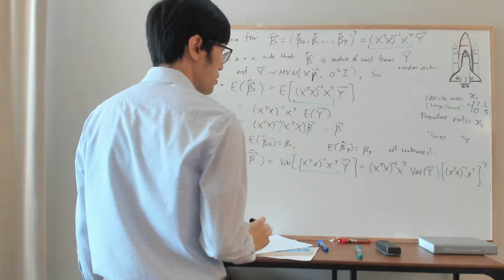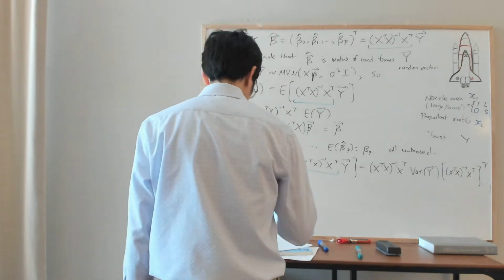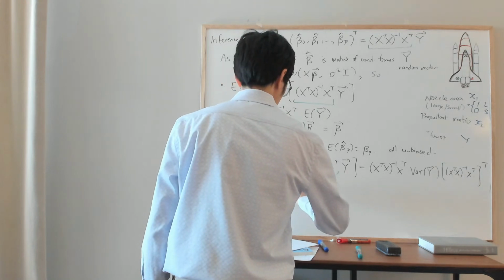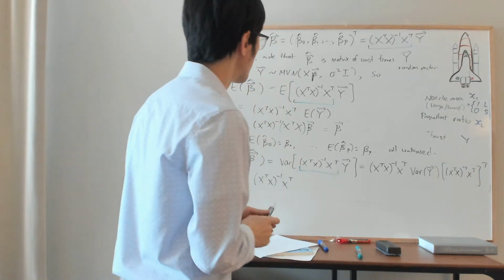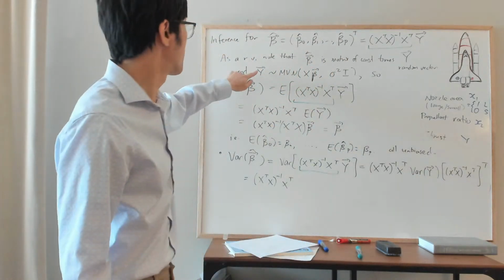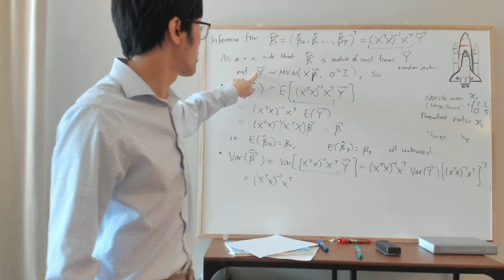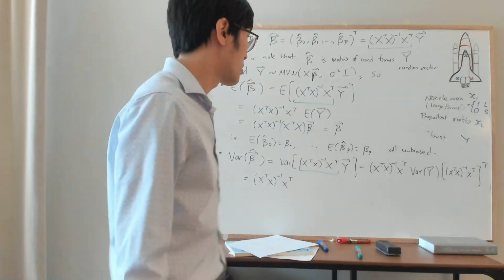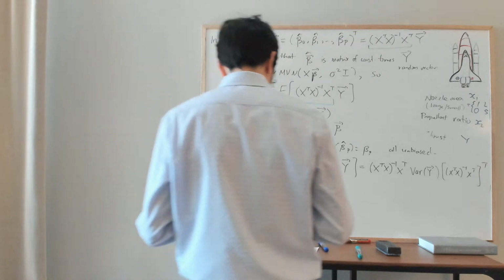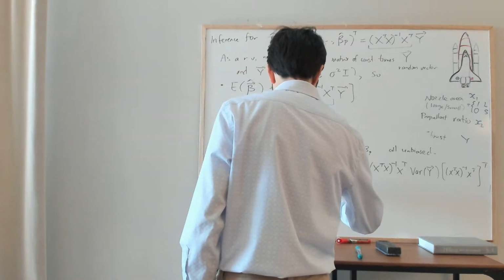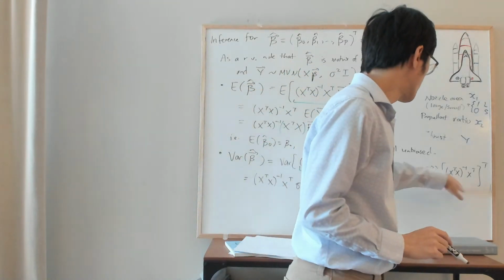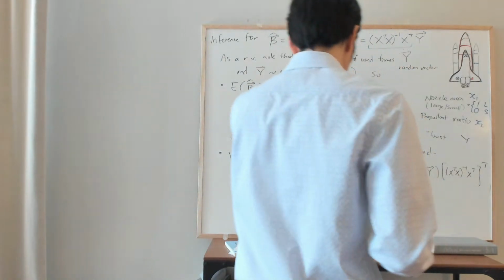Now we can start simplifying. We copy this first part down. According to the model setup for random vector y, its variance is sigma squared times the identity, so we can plug that in. Then we take the transpose of this expression.